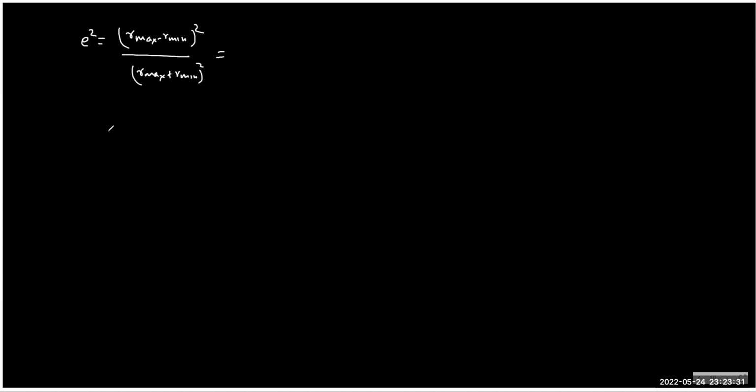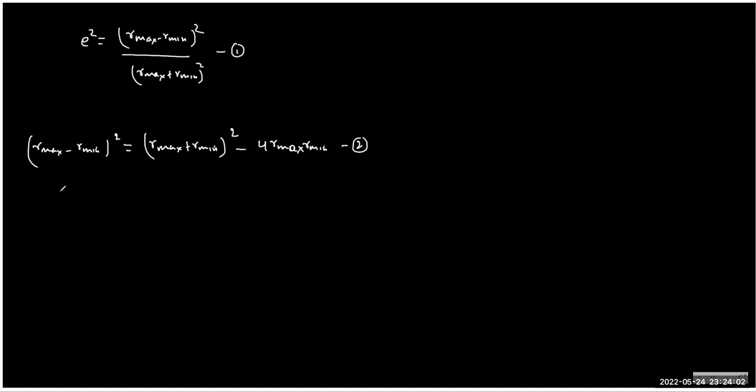So this you can write as R max minus R mean equals (R max plus R mean) whole square minus 4 R max R mean, right? Isn't it? Yes, sir.